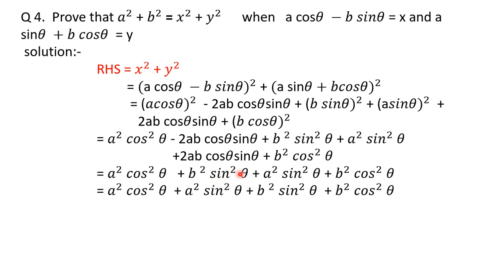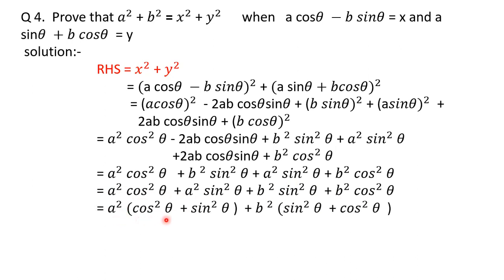Again b square sin square theta plus b square cos square theta, where b square is common in both the terms. So now take a square common from the first and second terms, so we get a square into cos square theta plus sin square theta, plus here also we can take b square common, so b square into sin square theta plus cos square theta.